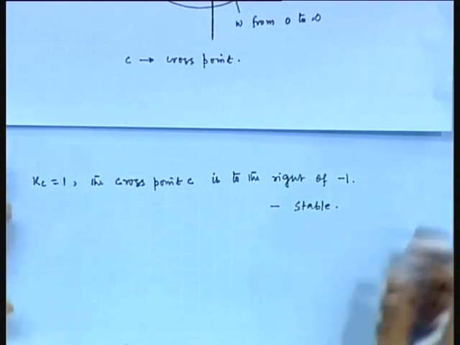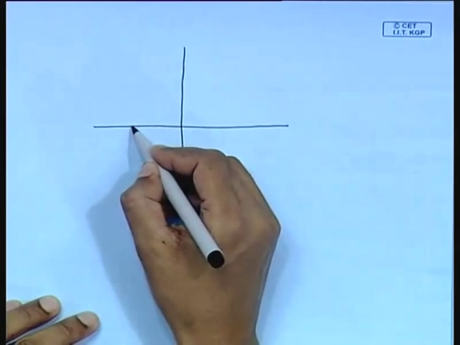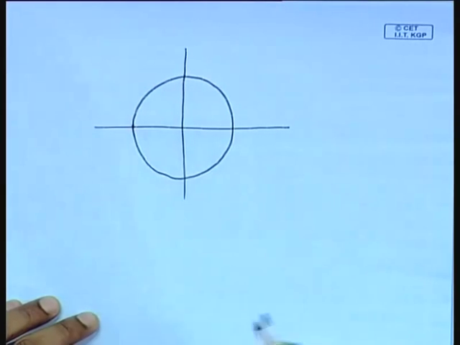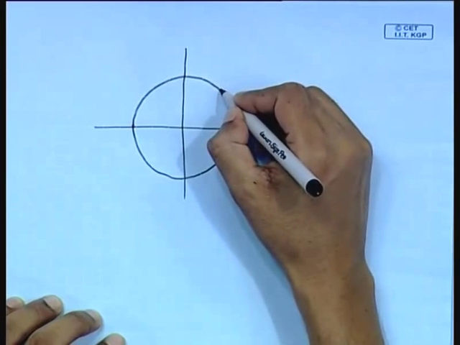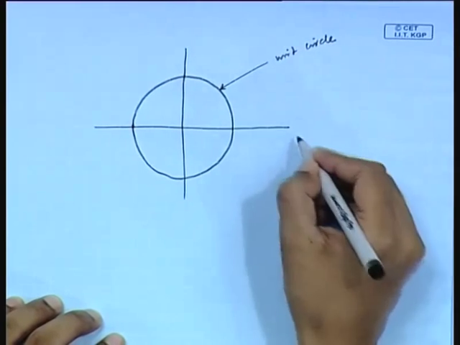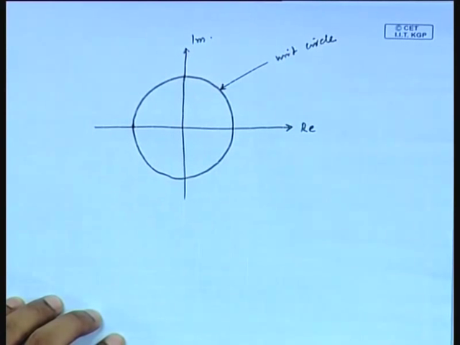If we consider Kc equal to 2, what happens? Suppose this is the unit circle in the complex plane.